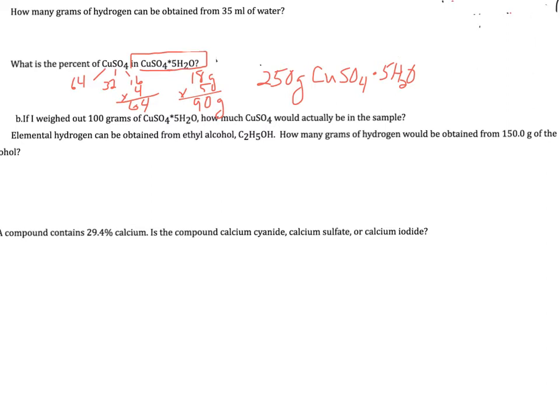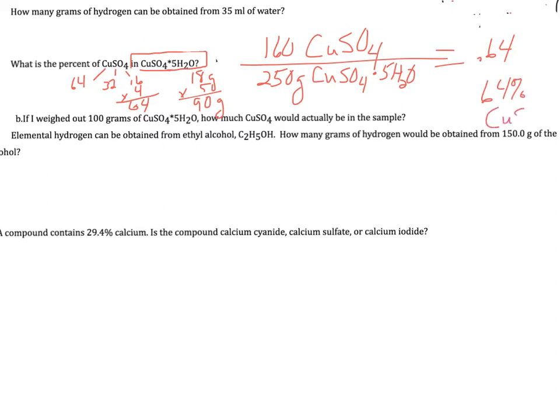So that is going to come out to be 160. So 160 per 250 CuSO4, and then we just divide. And multiply that by 100, so we come out with 0.64. If we multiply it by 100, it is 64% CuSO4. So that's how we do that problem.